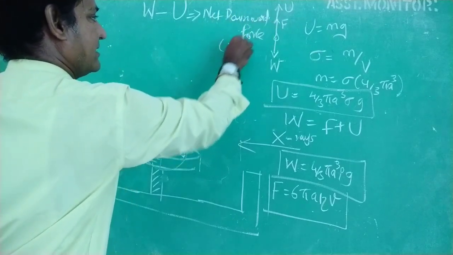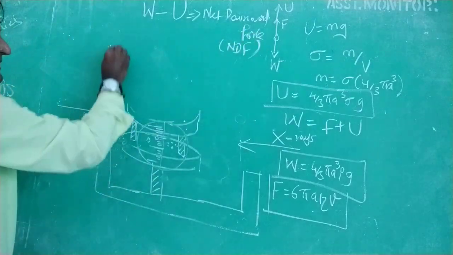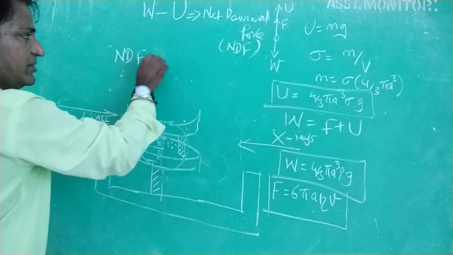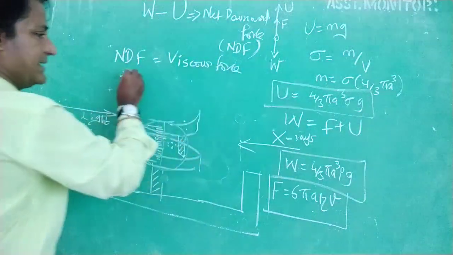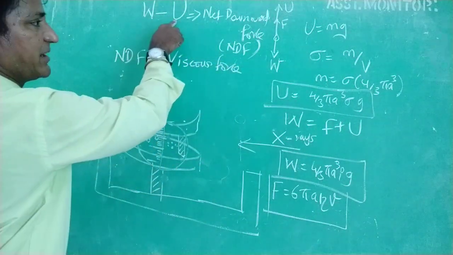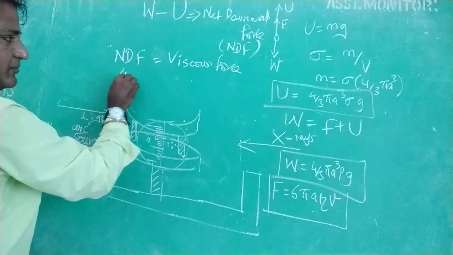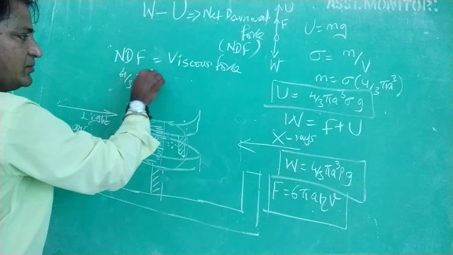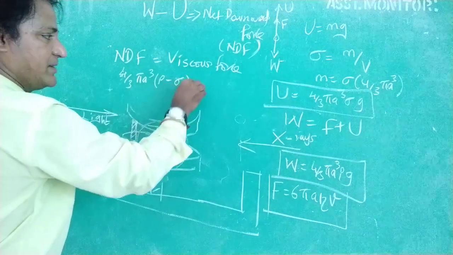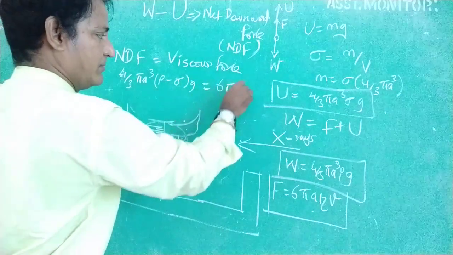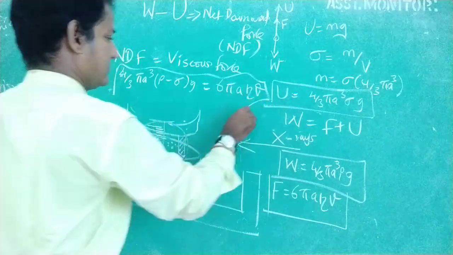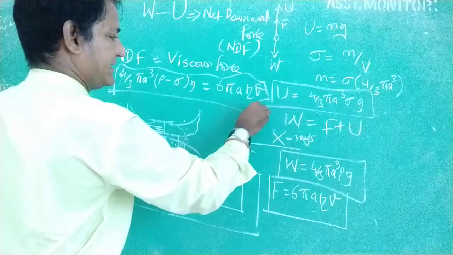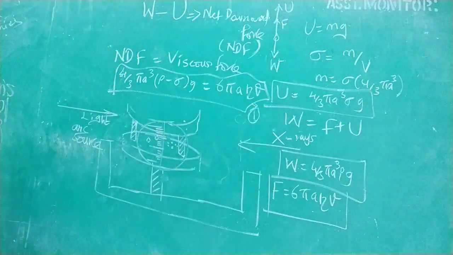This NDF is always equal to the viscous force, that is W minus U, meaning 4 by 3 pi a cube (rho minus sigma) into g is always equal to 6 pi a eta v. Okay, let me take this as equation 1. Now let me wrap this.